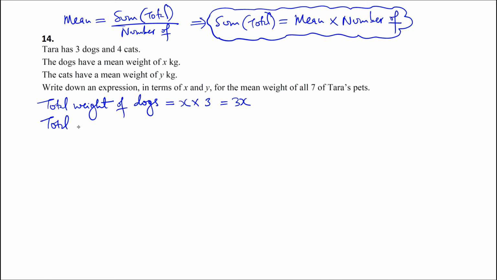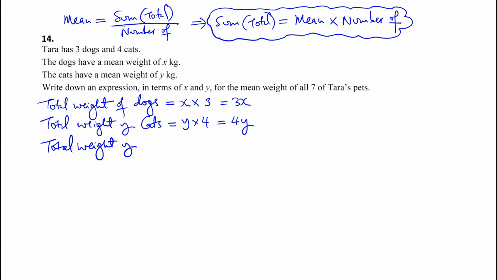And then the total weight of cats will be equal to their mean, which is y, multiplied by the number of cats. So that will be 4y. And therefore the total weight of all pets will be 3x plus 4y.